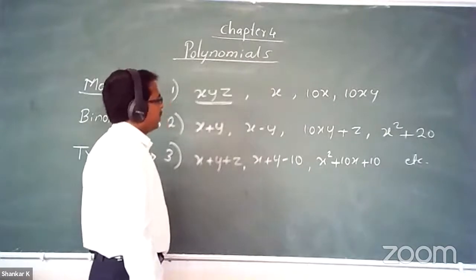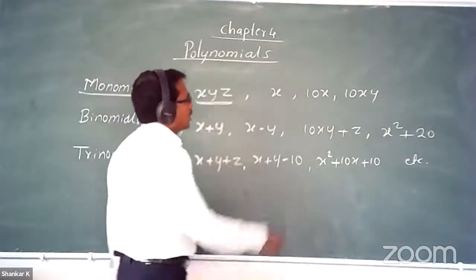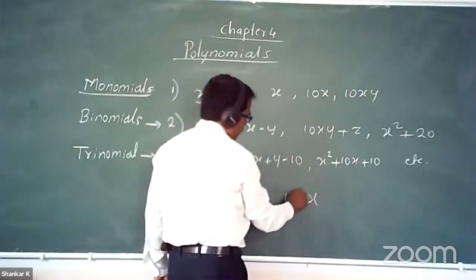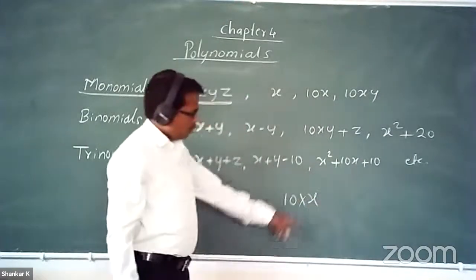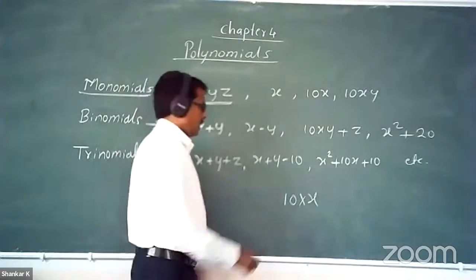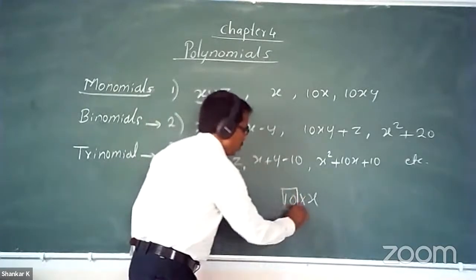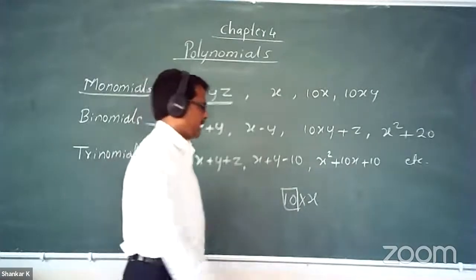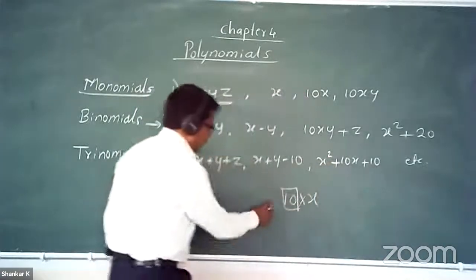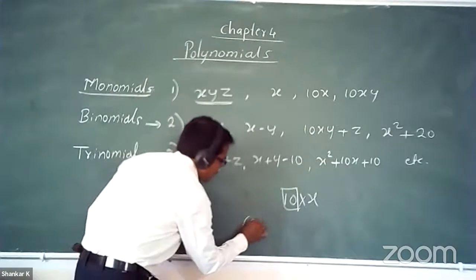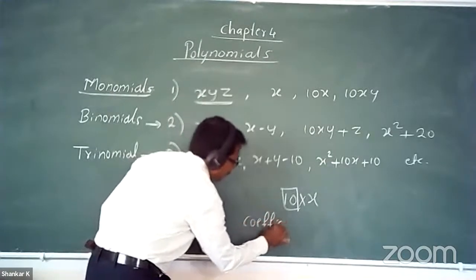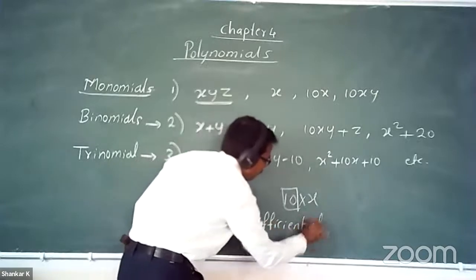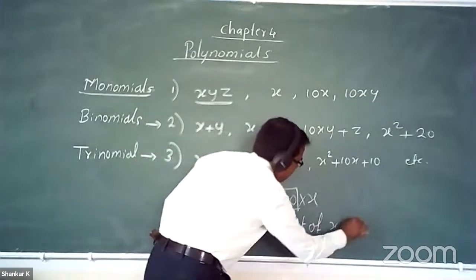For example, here 10x. How many x are there? 10 are there. This 10 is known as numerical coefficient or just coefficient of x. Coefficient of x is 10.